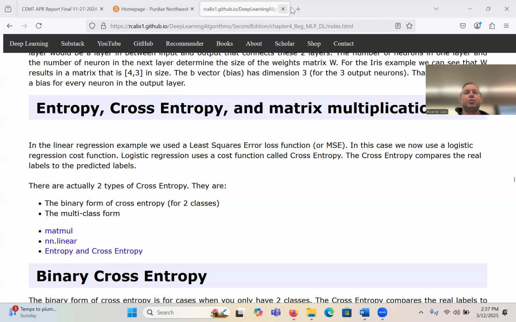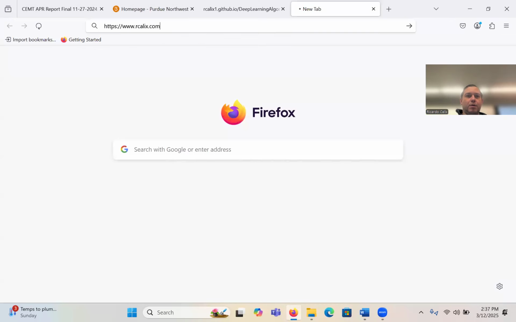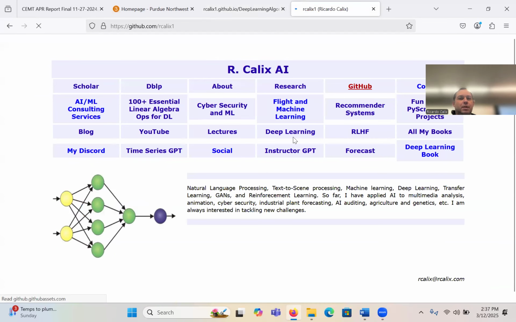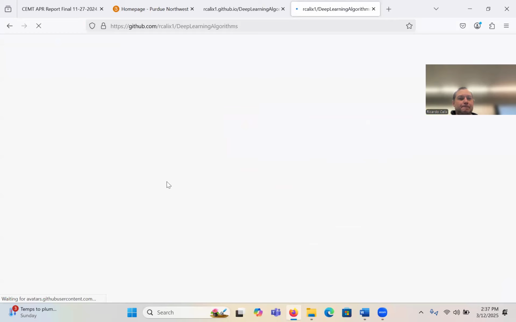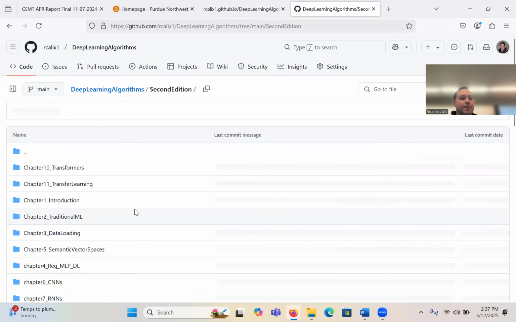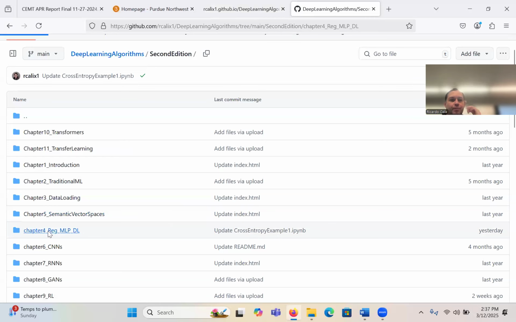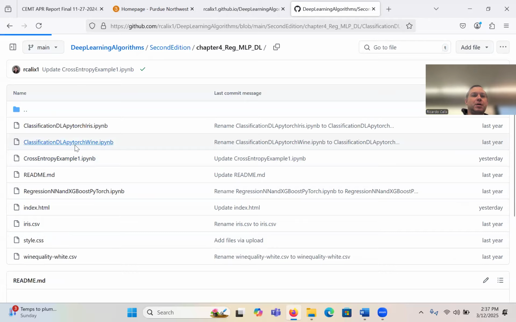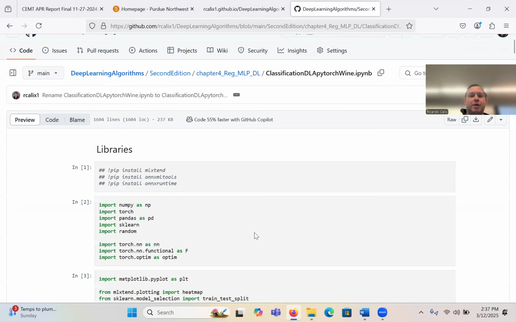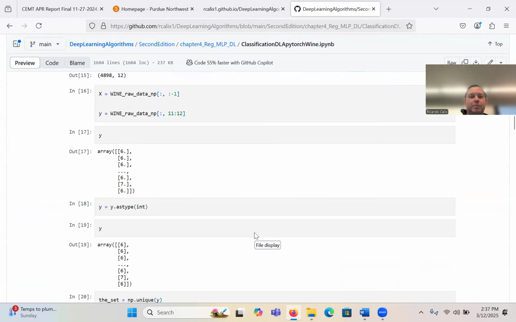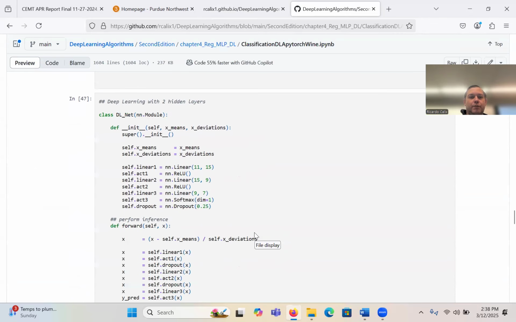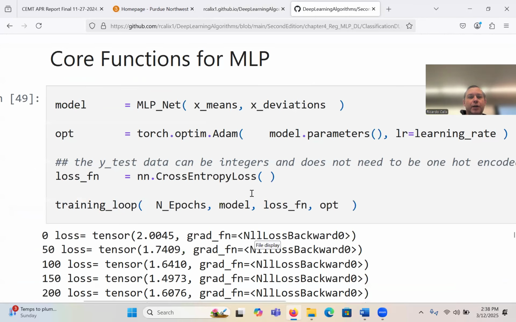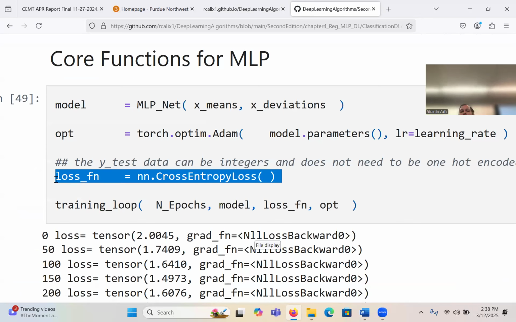So if I go to the GitHub and I go to chapter 4, with this classification of the wine data or iris data set, whatever they are, when we call the core functions after the architectures here, if you notice, we always gave the model a loss function called nn.CrossEntropyLoss.